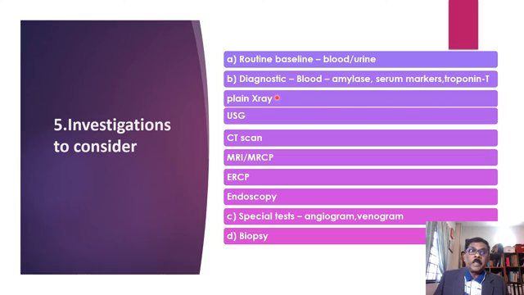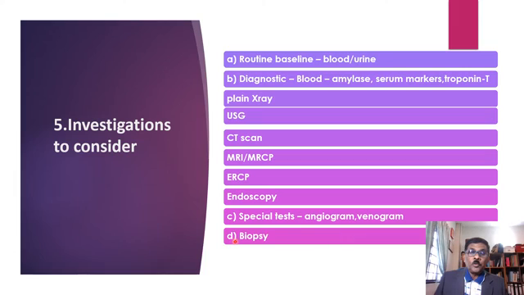Then you have the imaging techniques, which include the plain X-ray of the chest or abdomen, the ultrasonography or ultrasound scans, the CT scans, MRI and MRCP, ERCP, endoscopy, upper and lower GI endoscopy, and special tests such as the angiogram and myogram as and when they may be required.